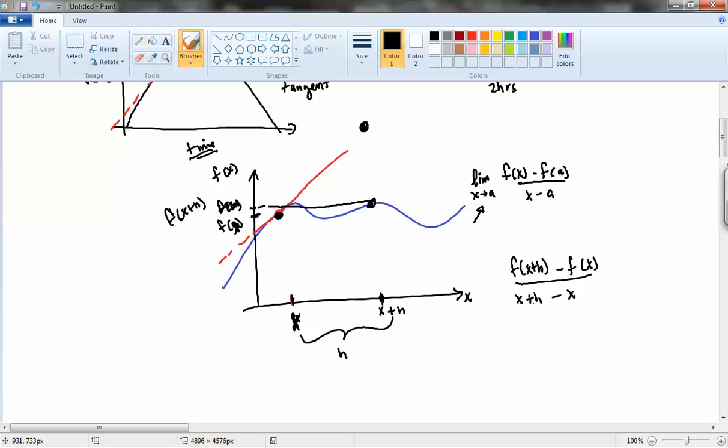And x plus h minus x, well, I'm going to combine like terms, and those cancel. And so that's exactly what I'm left with, f of x plus h minus f of x, all divided by h. And you're taking the limit as h goes to 0.